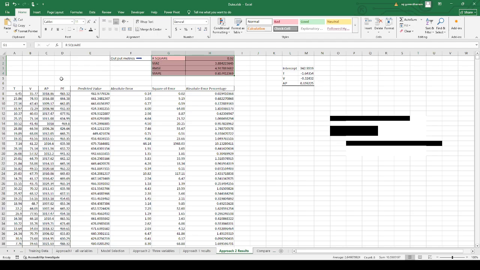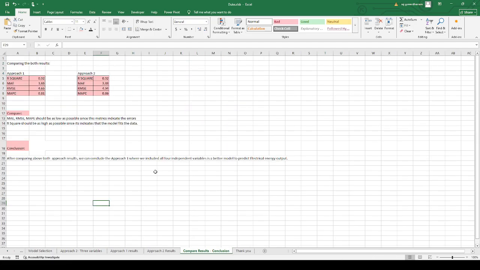As I excluded relative humidity, here we have four columns of test data, and I calculated with the coefficients, and I got the values for the rest of the columns. And here are my R square, MAE, RMSE, MAPE values. Comparing both results, approach 1 R square is 0.92, approach 2 is 0.92, and then MAE, RMSE, MAPE.